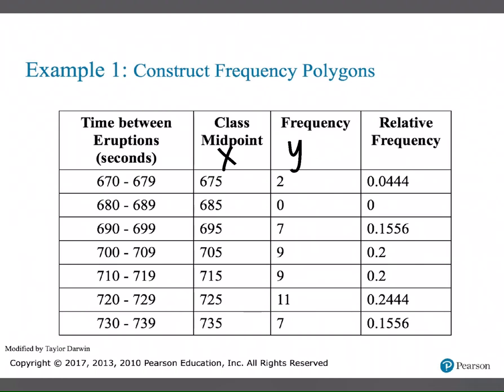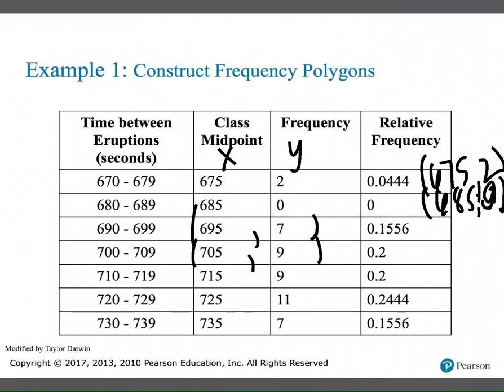And so on the graph that I'm about to show you, that's really how I'm getting these points. So I'm going to draw them over here. 675, 2. 685, 0. And so on, so on. You can kind of think of it like that.